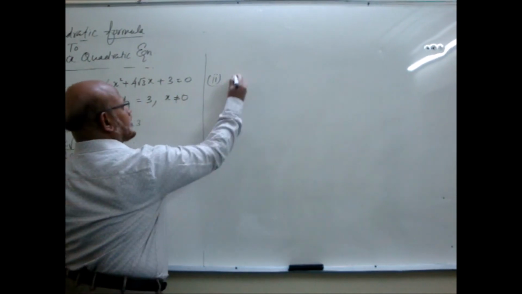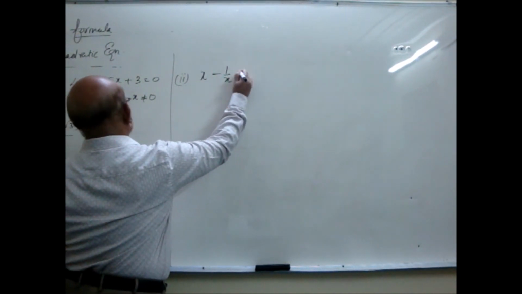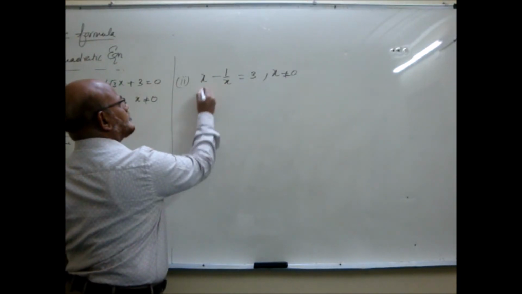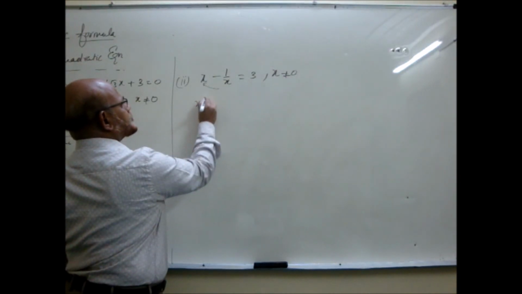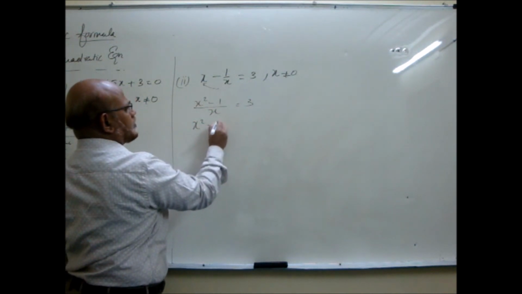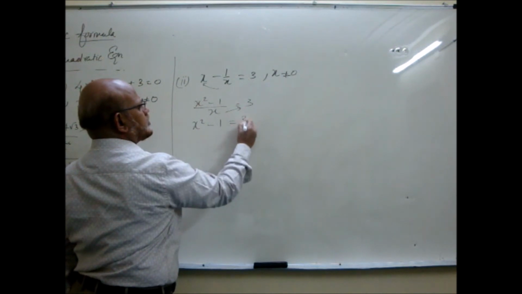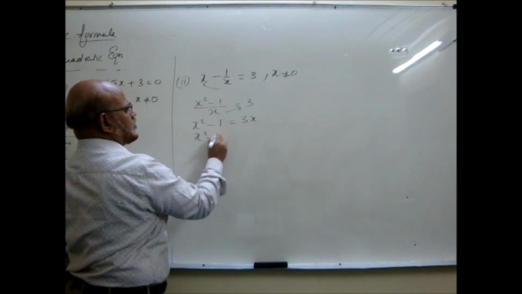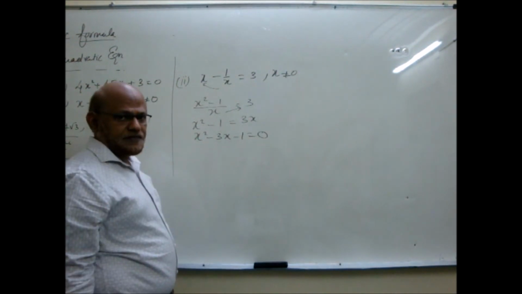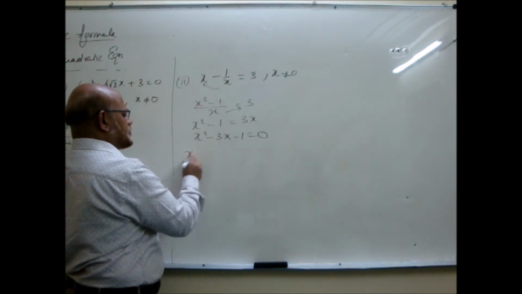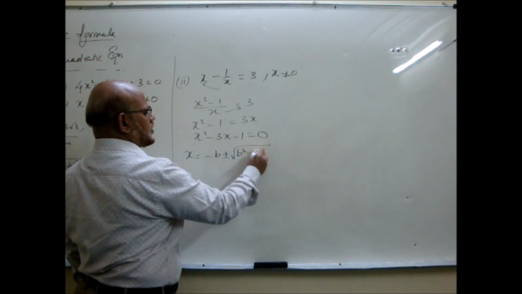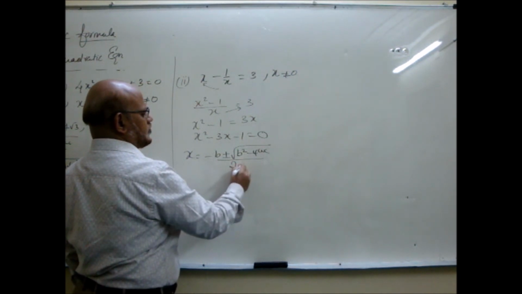This is given: x minus 1 by x is equal to 3, x not equal to 0. So here just take the LCM, it will become x square minus 1 by x is equal to 3. So x square minus 1 is equal to 3x. x square minus 3x minus 1 is 0. Okay, cannot factorize. So go for x is equal to minus b plus or minus root of b square minus 4ac by 2a formula.